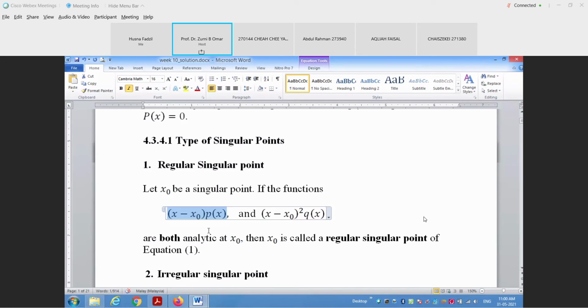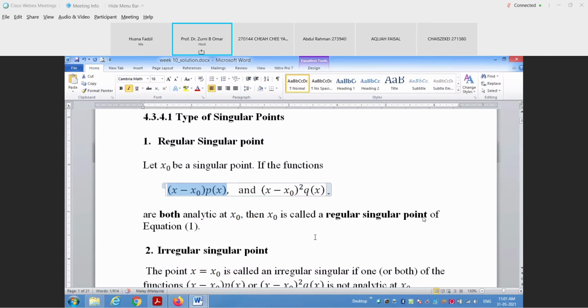The key point here: if the functions (x minus x naught) p(x) and (x minus x naught) squared q(x) are both analytic at x naught, then x naught is called a regular singular point.